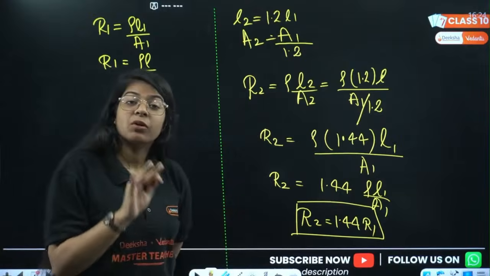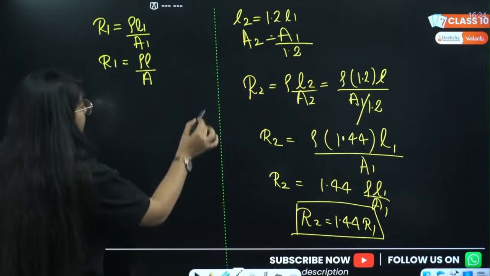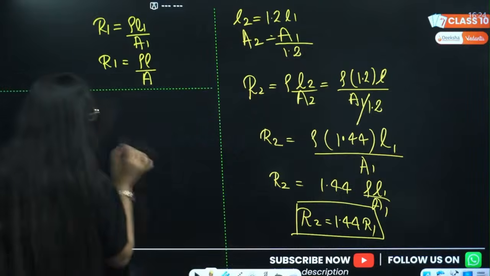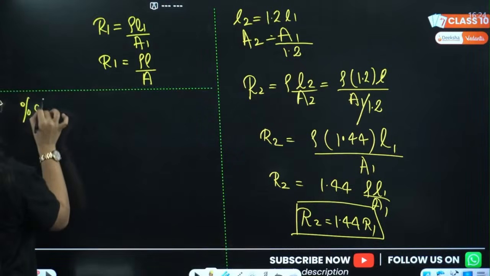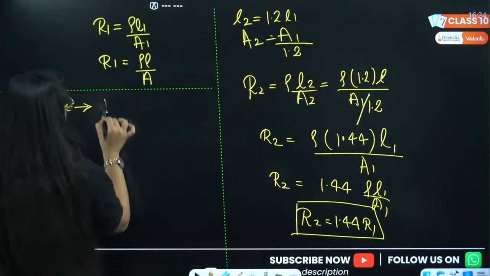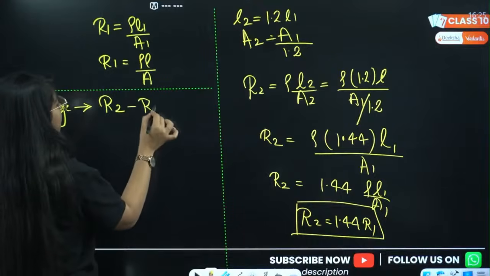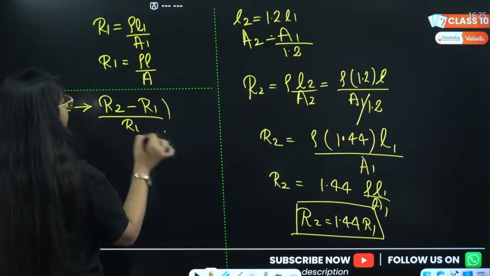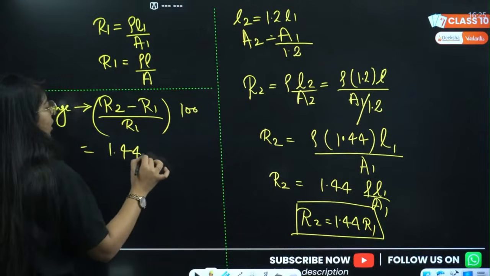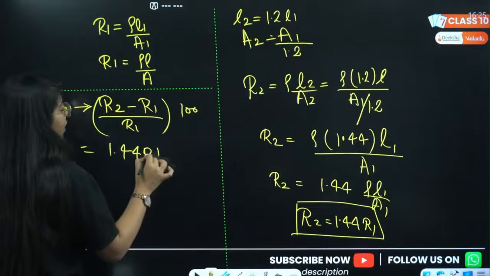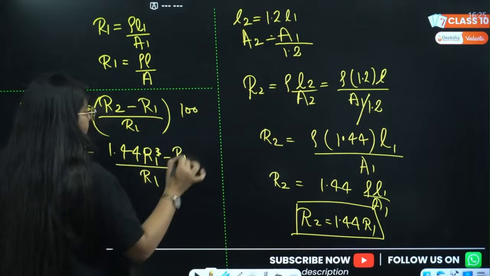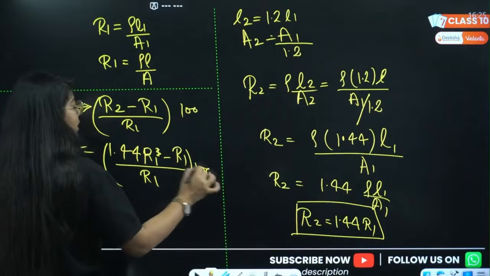But we have to calculate percentage change. Okay? Don't leave your question till here. We have to calculate percentage change. So percentage change is what? Percentage change will be R2 minus R1 divided by R1 into 100. Okay? And that will be 1.44 R1 minus R1 divided by R1 into 100, correct?